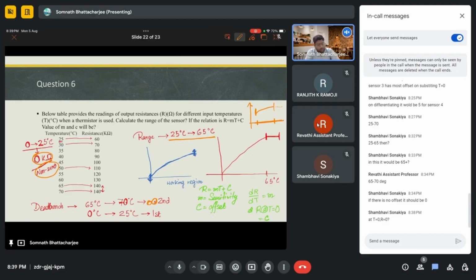Maybe you can think of like this: what is the other way to define sensitivity? Up until now, we have already done it. Other than dR/dt, what can be like this? Let me go to the previous slide maybe.